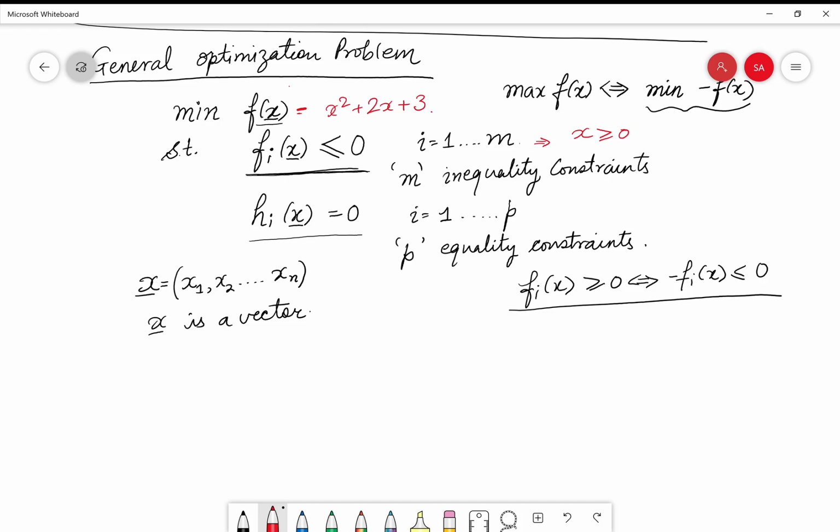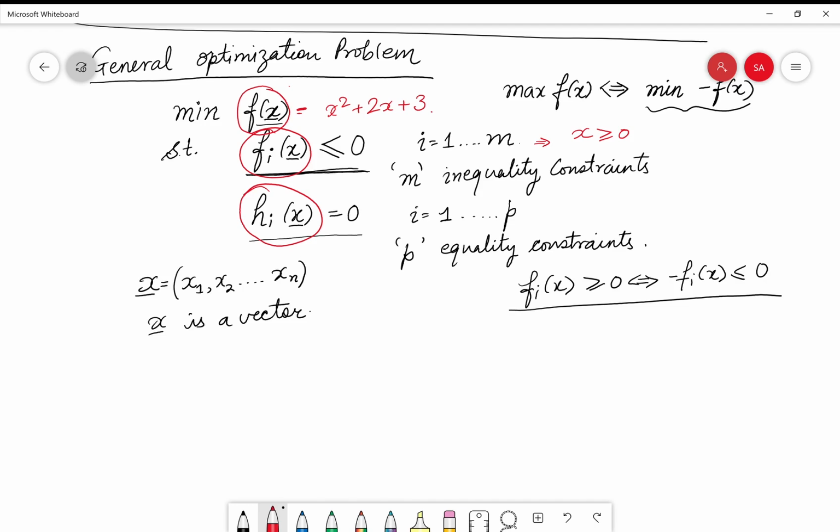Let's proceed further. Depending on how these functions behave, we can classify them into multiple types of optimization problems.